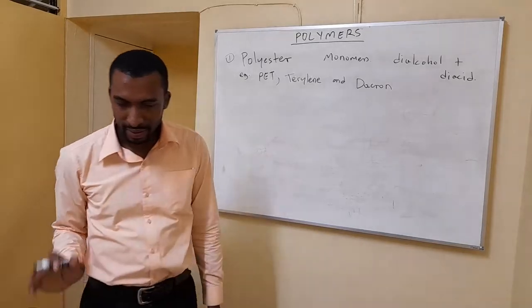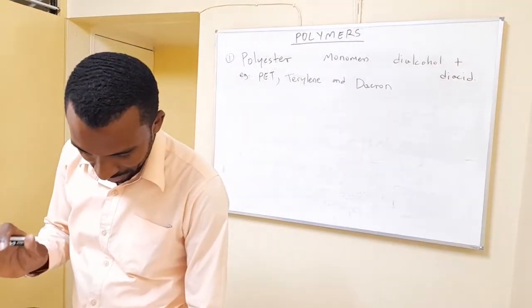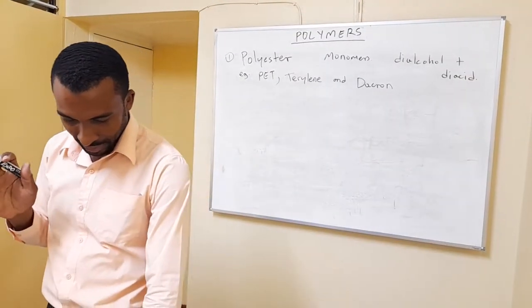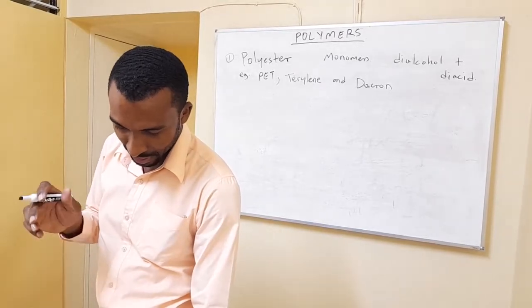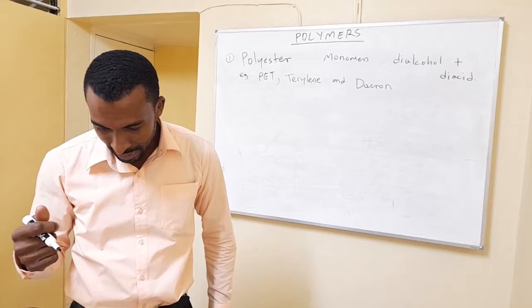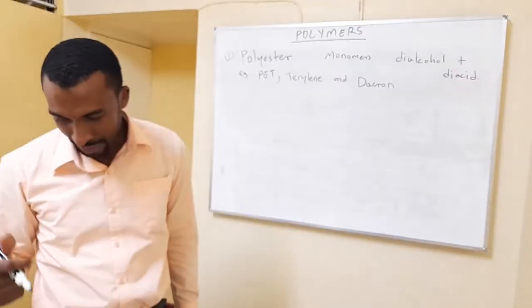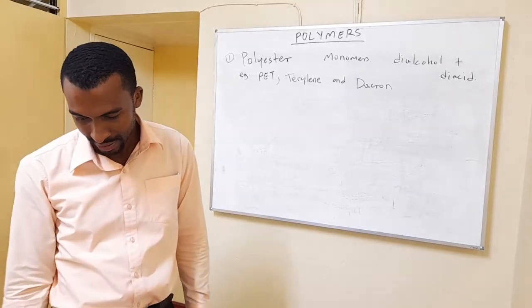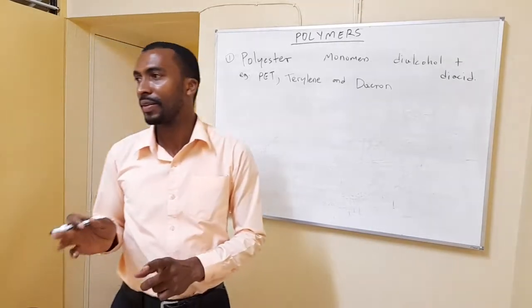So in general, PET is used to make the bottles for drinking soda, and these materials are also used to make fibers for clothing, boat sails, etc. Those are things that you can go and read about.